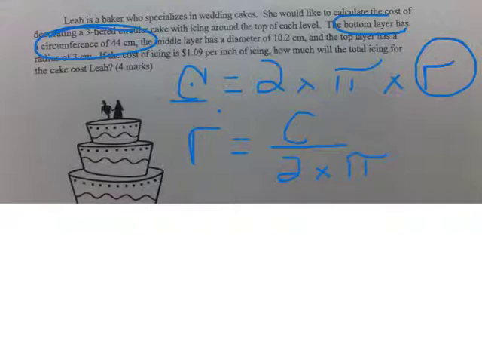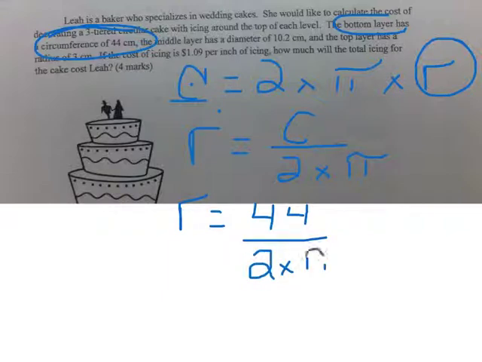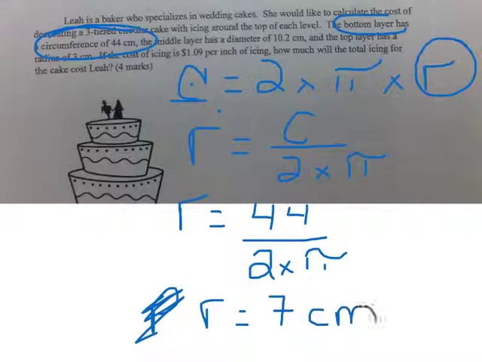If I type this into my calculator, radius is equal to 44 divided by 2 times pi. And if I calculate that, I should get my radius is equal to 7 centimeters. Now I have my radius. Now I can figure out my area.